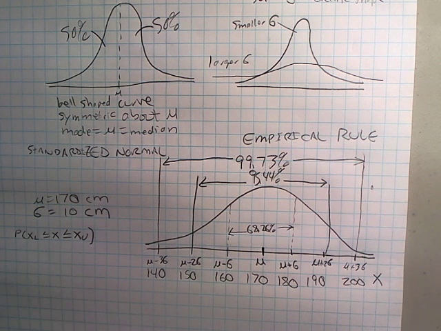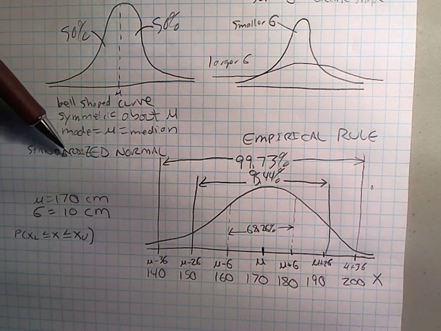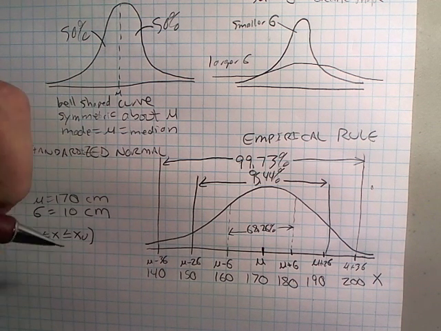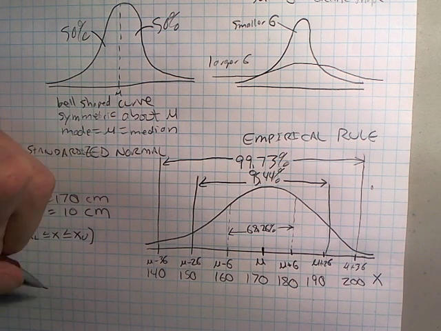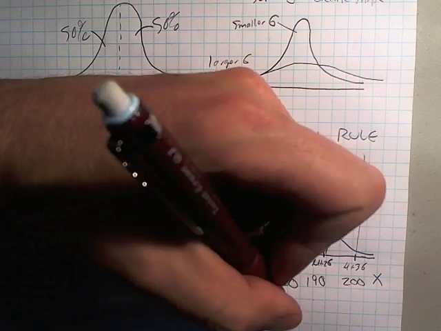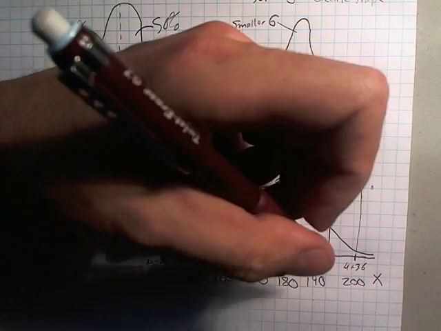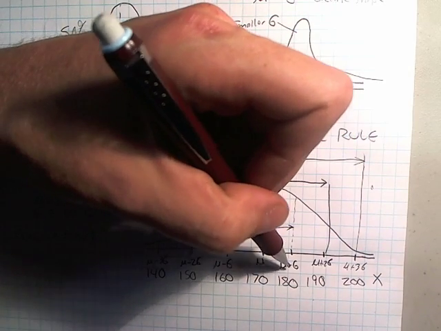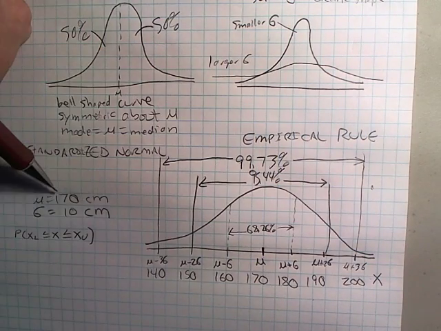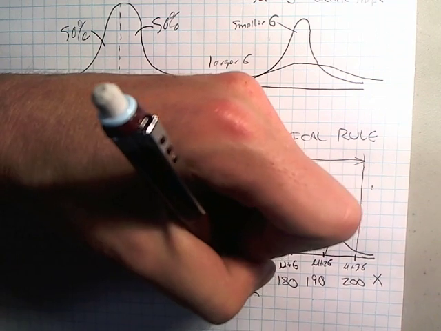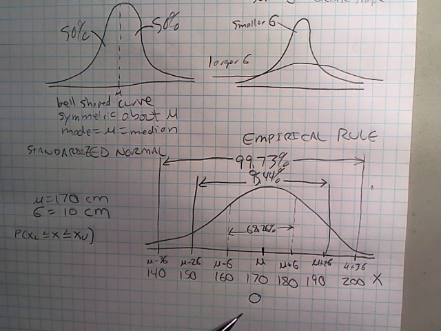Let's go ahead and convert these values over to standardized values. So whenever we talk about the standardized normal distribution, we are going to write the number of standard deviations away from the mean that a specific x value falls. So for example, an x value equal to 170 would fall 0 standard deviations away from the mean. So therefore its z-score would be 0.